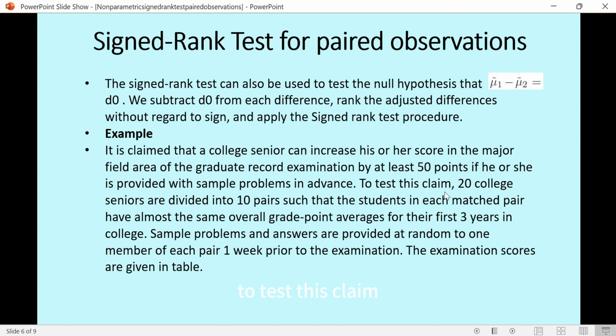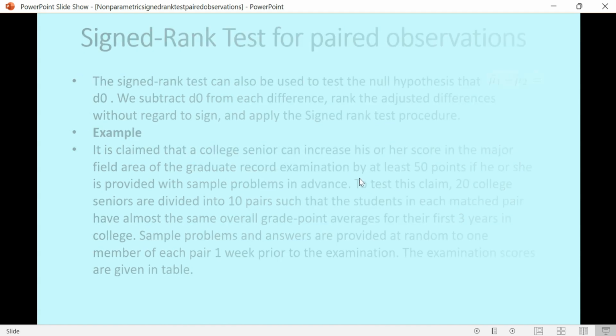To test this claim, 20 college seniors are divided into 10 pairs, such that the students in each matched pair have almost the same overall grade point averages for their first 3 years in college. Then the sample problems and answers are provided at random to one member of each pair 1 week prior to the examination, and examination scores are given in the table.